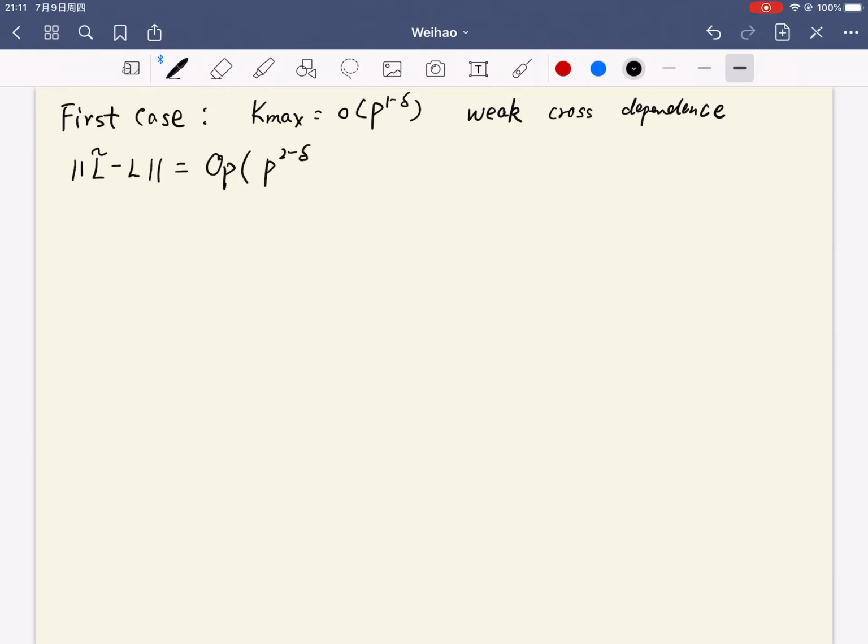We copy from the previous page and do some modification. We divide and multiply the same term.